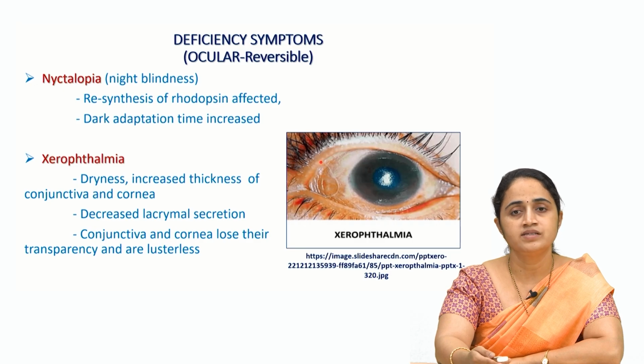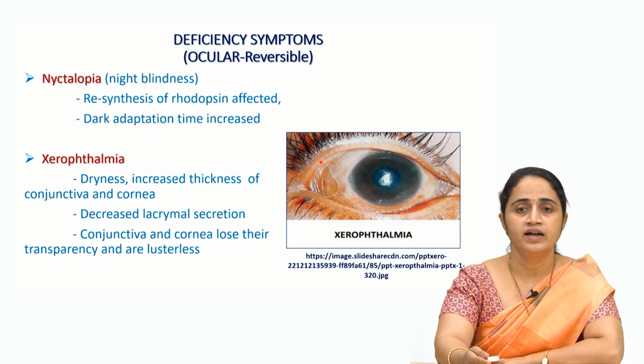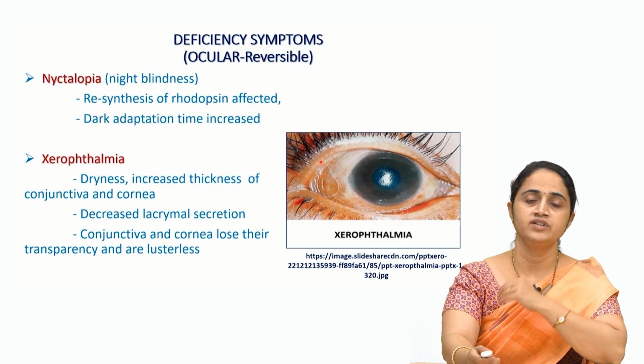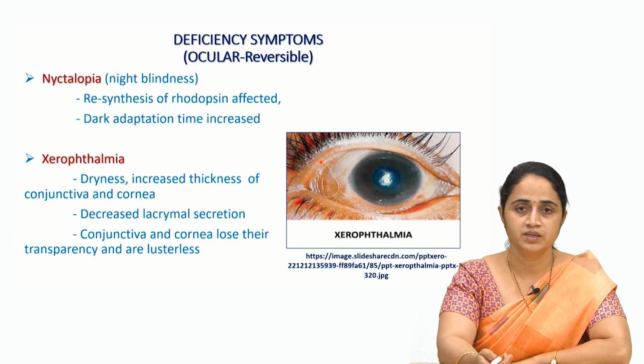Again, these are sequential progressions of the disease. Once nyctalopia progresses, it leads to xerophthalmia. At this stage vitamin A deficiency can still be reversed. So, these are called reversible symptoms.